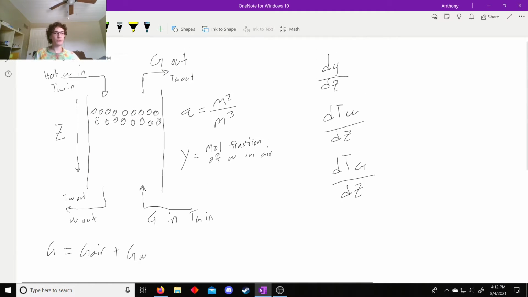And the way we'll do that is we'll take a section here of our cooling tower. So this will be dz here, and this has a cross-sectional area equal to A.